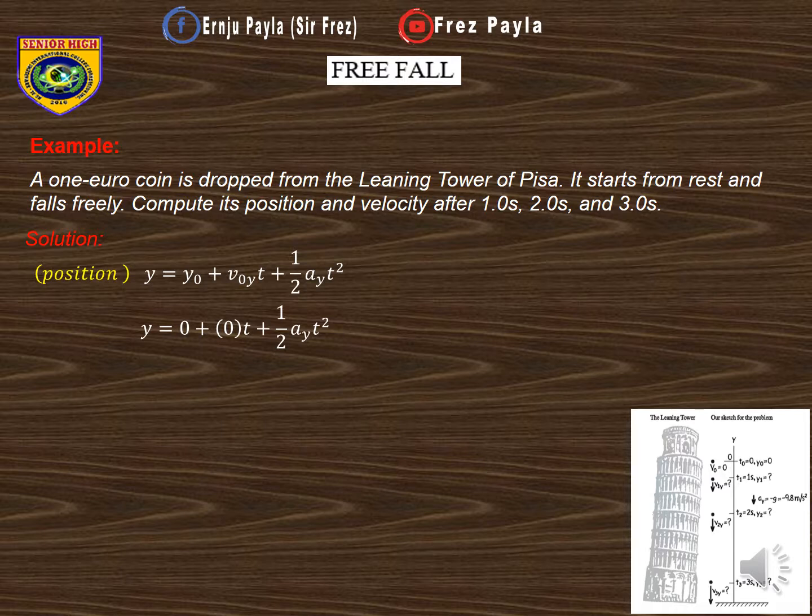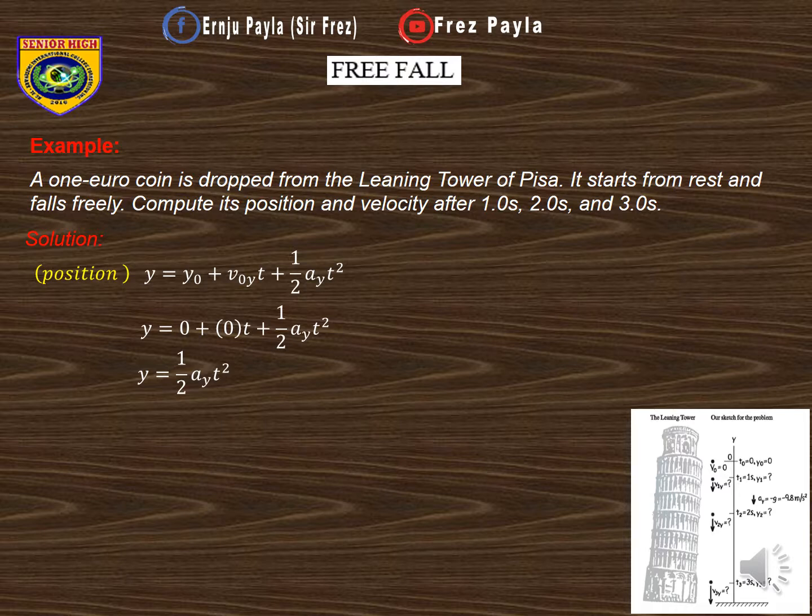So what remains is 1/2 a sub y t squared, since 0 plus 0 times t is 0. So we are left with y equals 1/2 a sub y t squared.